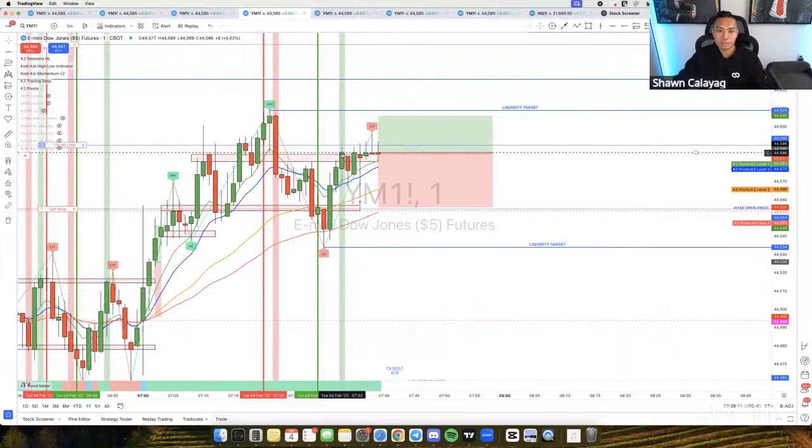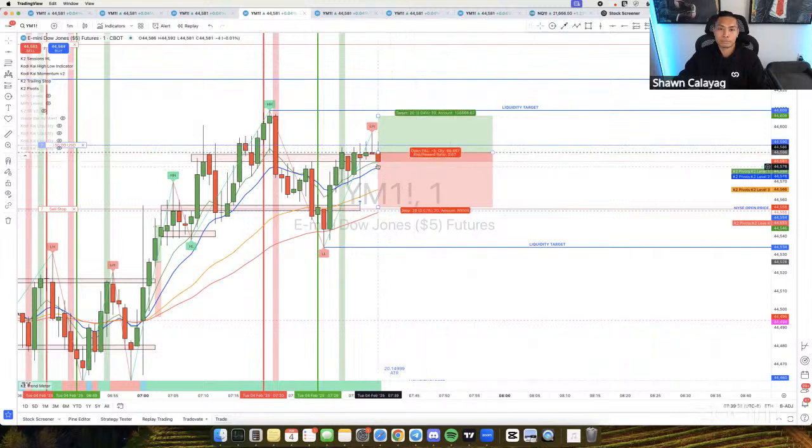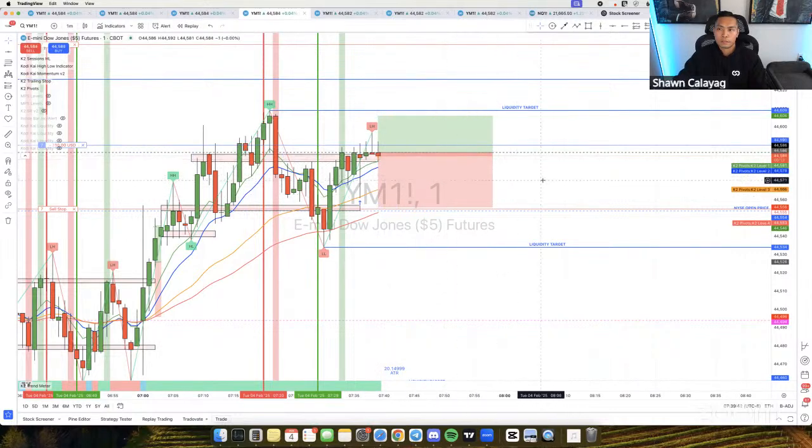So this black line right here is where the momentum's at. We wanted to close above that area. Waiting for this to close above this area here, so I can adjust this and I can adjust my TP stop loss. All right, let's see if we get some volatility here. Take a look at the time and sales.